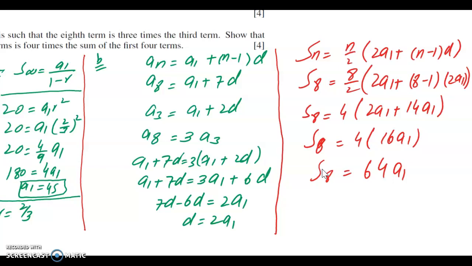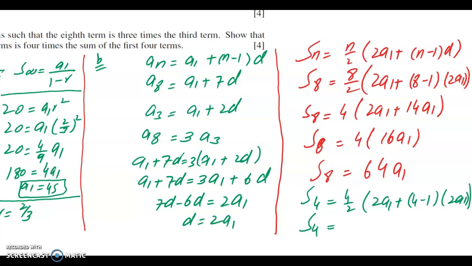Now similarly, for the first 4 terms, we check the sum of the first 4 terms. So S4 is equal to 4 by 2 times 2a1 plus 4 minus 1 times the difference, which was 2a1.